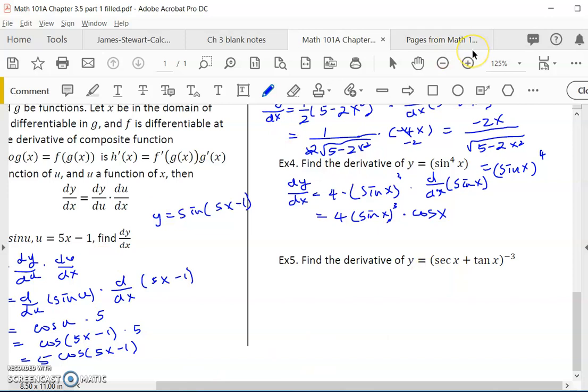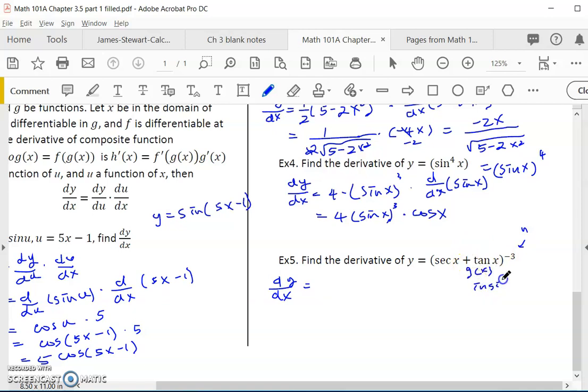This one: find the derivative of y equals secant x plus tangent x to the power negative 3. So this is well written as an inside and a power. The power is negative 3. So use the general power rule, which is a special kind of chain rule. dy/dx would equal, this is my n, and this is the g of x inside, right?